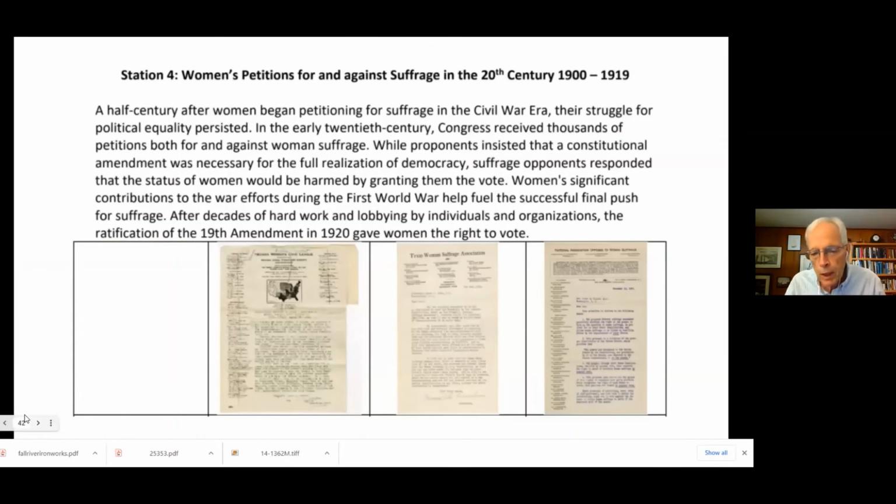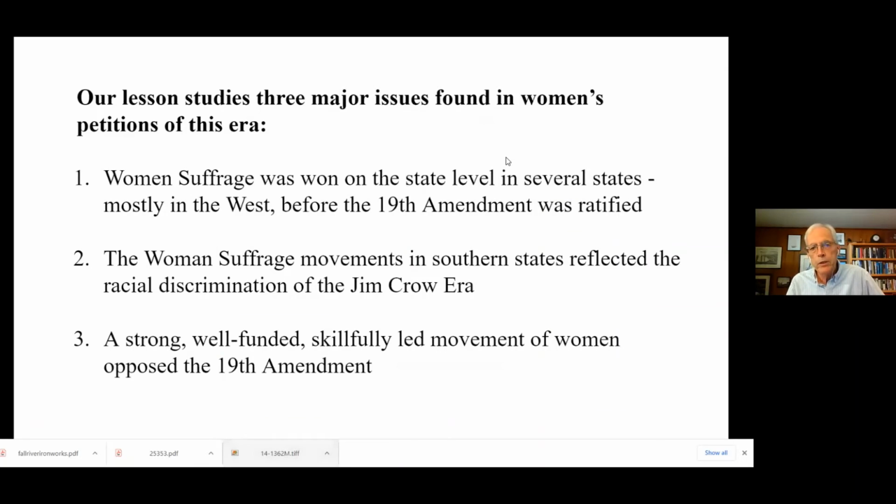Now, the fourth part of this lesson is about petitions related to suffrage itself from the 1900 to 1920 time period. And if you look at them, and we're just going to look at them very quickly, you'll see three issues. One is that women's suffrage was won on the state level in several states, mostly in the West, before the 19th Amendment was ratified, in fact, a generation before.